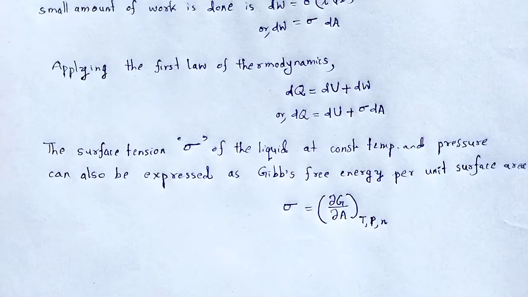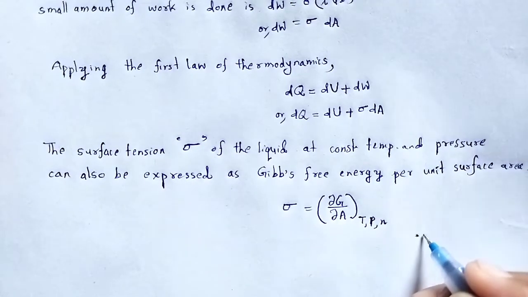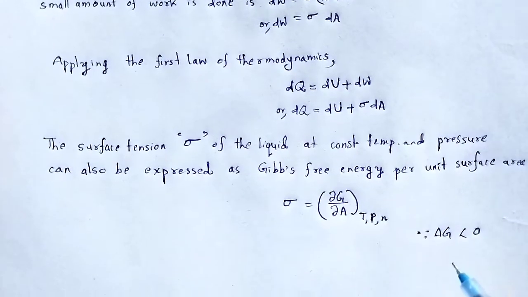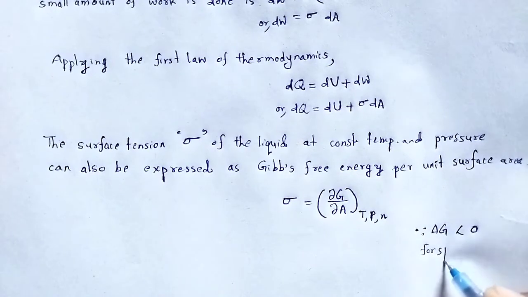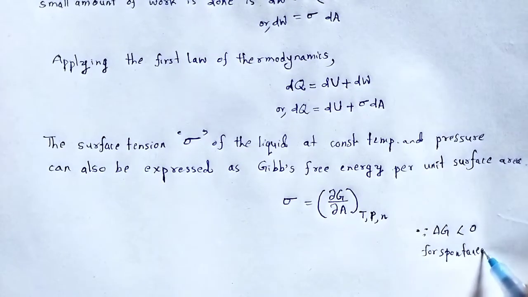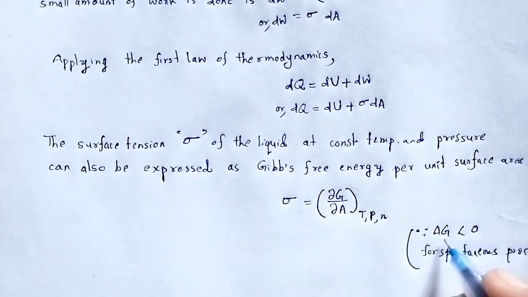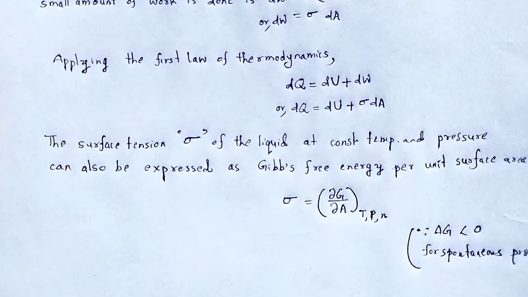This is possible only when the surface area of the liquid is not coupled to any other changes in energy. Thus, to increase the surface area, some energy must be added. That is why for a spontaneous process, del G is always less than 0, meaning the Gibbs free energy always decreases.